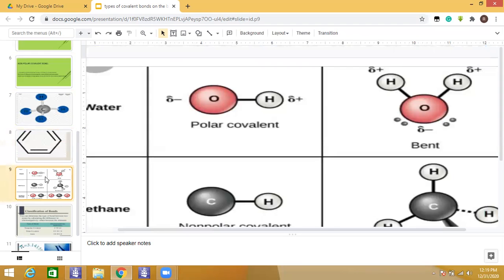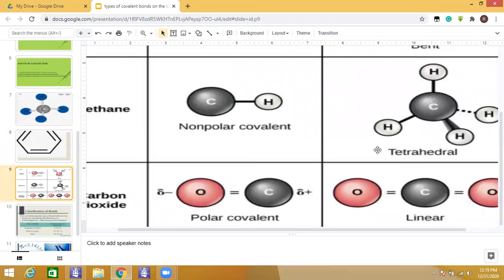Now let us see some examples. Water is a polar covalent bond because oxygen is more electronegative as compared to hydrogen, giving its bent structure. And this one is a polar covalent bond. This ethane is a non-polar bond.